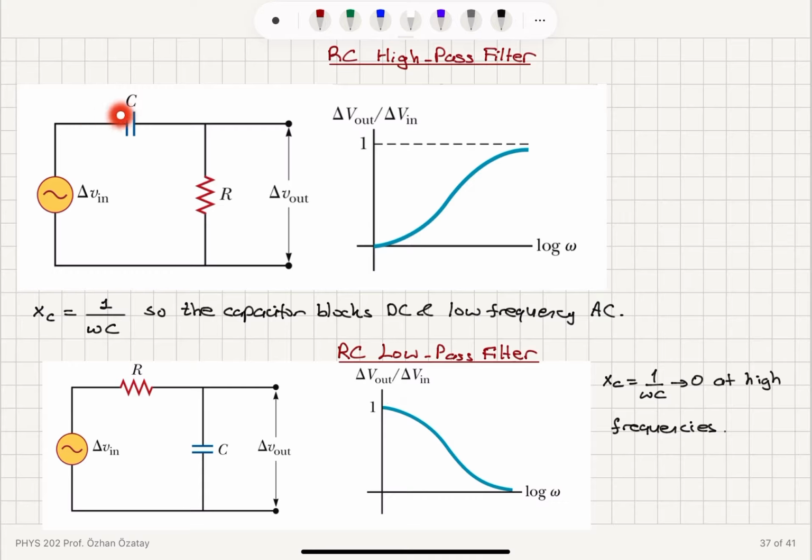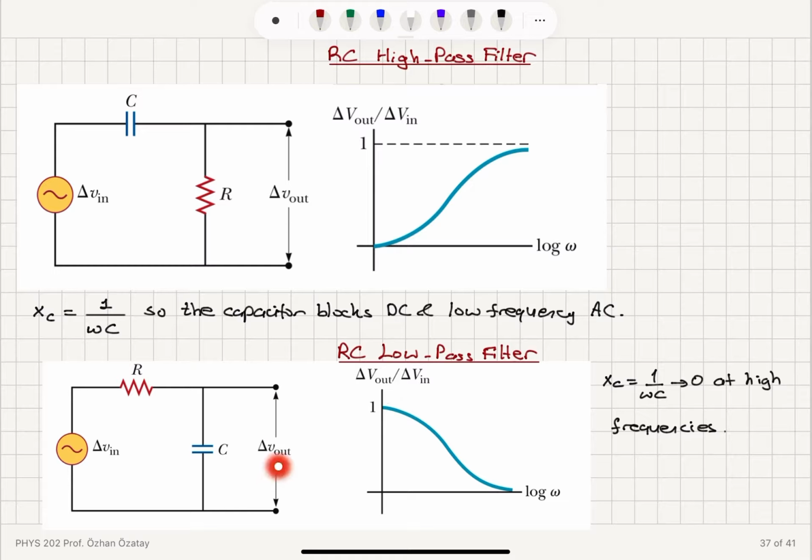So this is not going to allow low frequencies to pass, but at high frequencies this is going to be 0, so it will act like a short, and delta V in will appear on the resistor totally. So at high frequencies we will have delta V out over delta V in approaching 1. At low frequencies it's approaching 0. So that's the characteristic of a high pass filter.